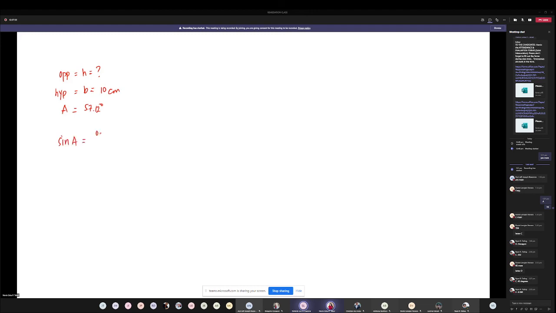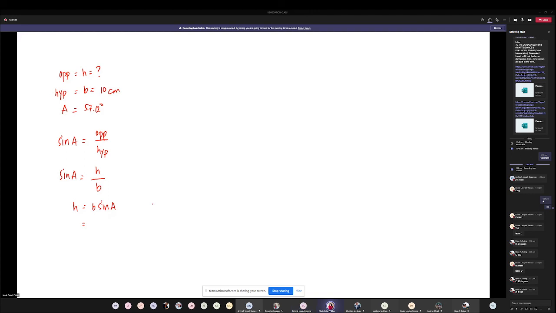So we need to use sine of angle A. So it should be opposite over hypotenuse. Meaning sine of angle A is equal to H over B. So multiply sine A and B to get H. So H is B times sine of angle A. We usually put the trigonometric function on the last part of the expression so that we don't have to put parentheses.